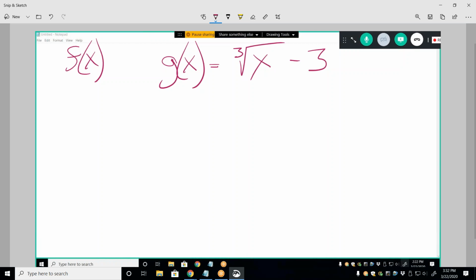Yep, just like that. And then f of x is cube root of x.